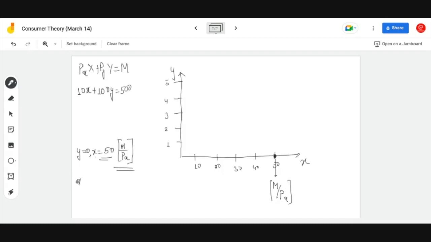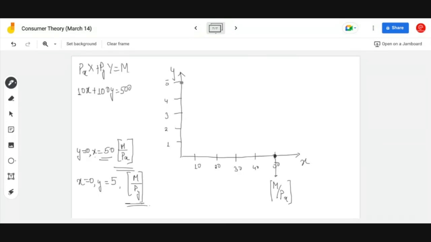Similarly, when X is equal to 0, Y is equal to how much? 5. And how did we arrive at this? M upon Py. Everyone clear with this concept of M upon Py? Okay.